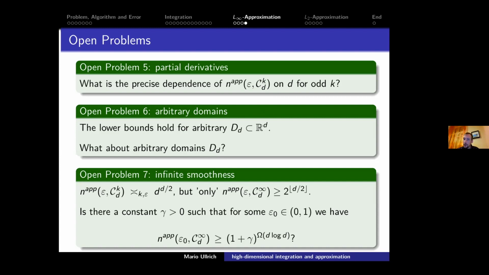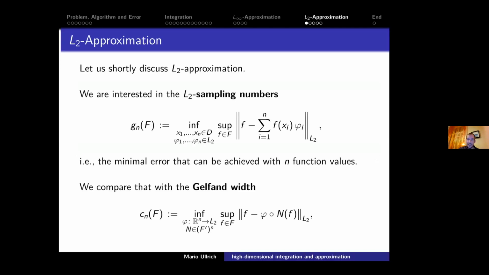Okay. So in the last, say, 5 slides, I don't have much time to talk about history here, and I already gave a talk 2 weeks ago about the setting. So let me shortly say something about L2 approximation, and that's a very short story. Another setting instead of L infinity approximation is clearly L2 approximation. So we want to approximate in L2. And again, we want to use function values, and we want to take linear algorithms.